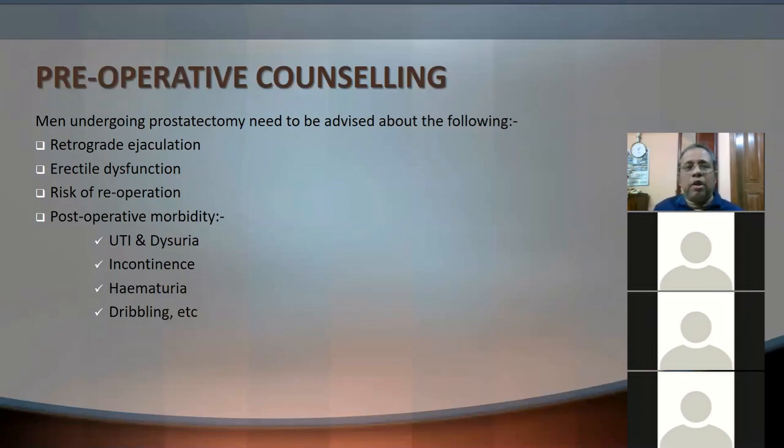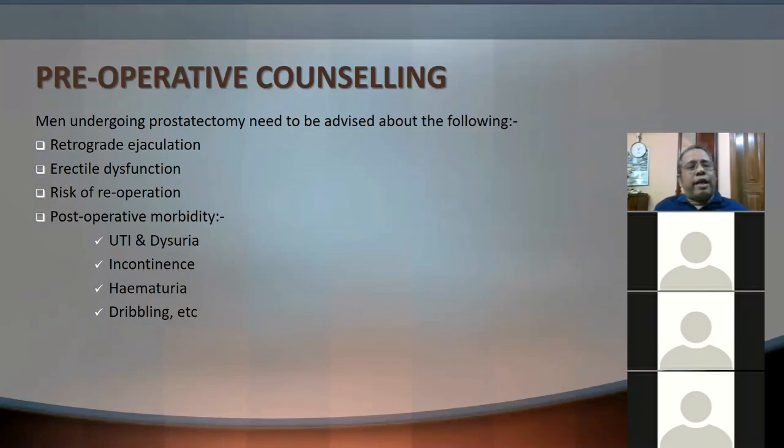It is possible by this measure: whenever the ejaculate goes into the urinary bladder, collect the urine, centrifuge the semen content, then from there collect the sperm and go for artificial insemination. This is the technique if one wants offspring after doing TURP.